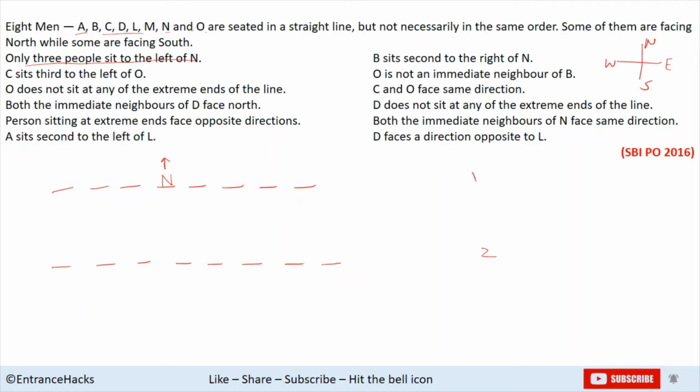Now if N is facing south, N has to sit here, and his left would be this. B sits second to the right of N. So in option 1, it would be here. In option 2, it would be here.